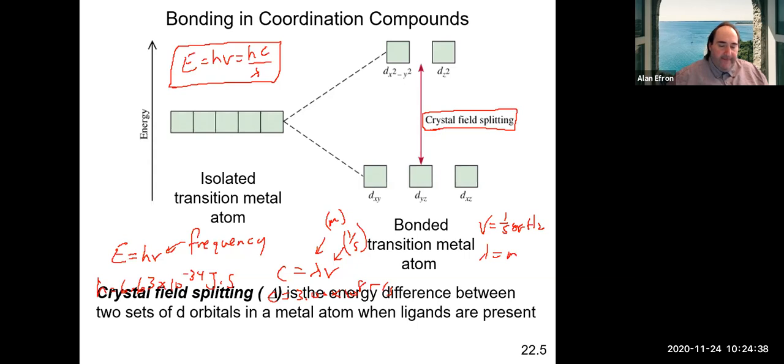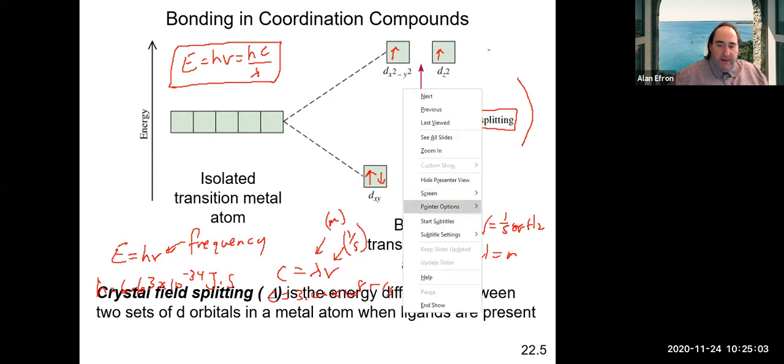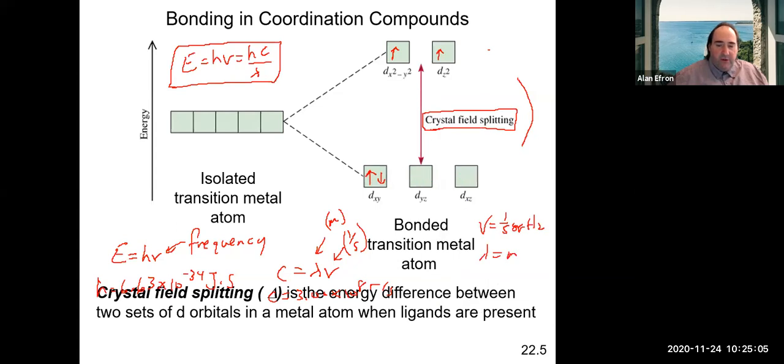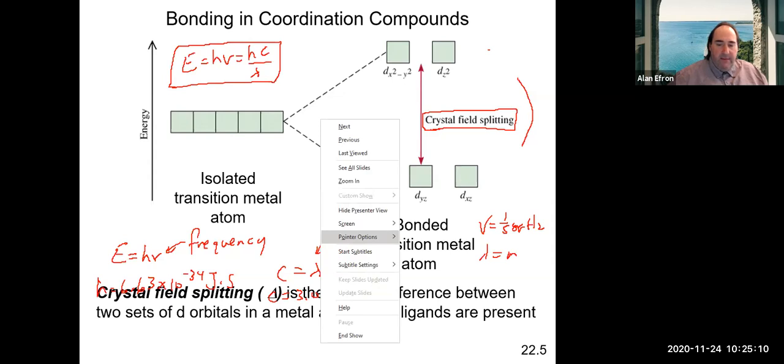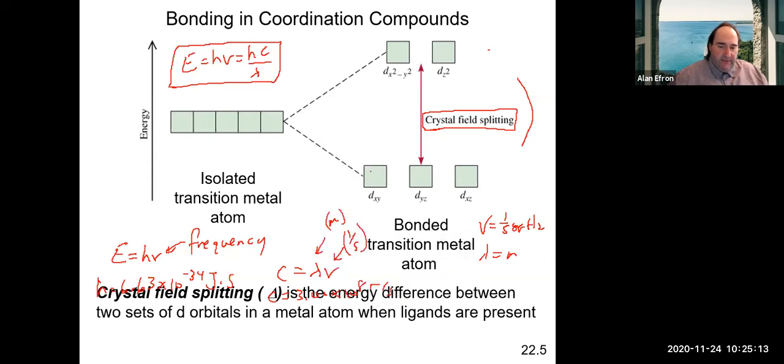For example, if I fill in my electrons here, go 1, go 2, go 3, and perhaps the splitting is relatively small, then we would expect these electrons to fill as normal and then come back and start pairing off. Again, as I mentioned earlier, if it's the opposite and we get a larger splitting, we would see a much different way in which it's filled.